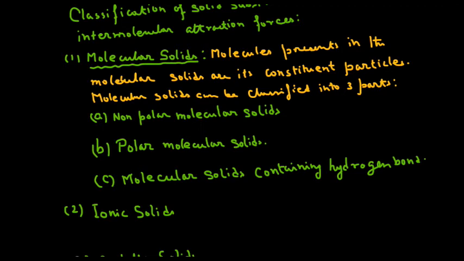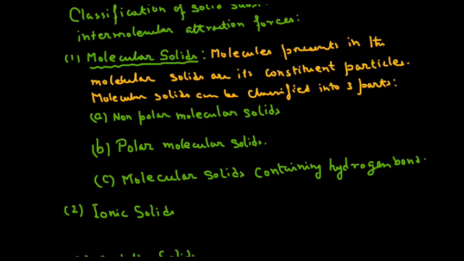The atoms or molecules in this type of solid possess weak dispersion forces or London forces. Solids of this type possess low melting points, and they are soft and non-conductors of electricity. At normal temperature and pressure, they are in liquid or gaseous state.